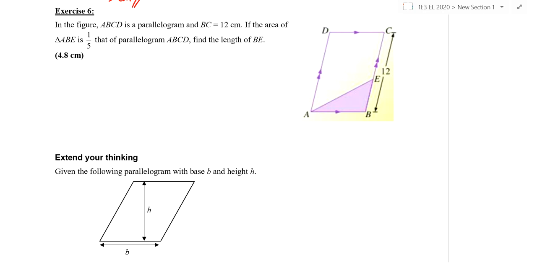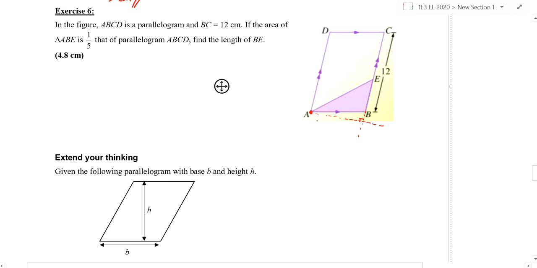Similarly, we are going to identify whether these two shapes, the triangle and the parallelogram, have the same perpendicular height. Since we have BC as 12 centimeters, it is convenient for us to choose this as the base. If this is the base, then for its corresponding perpendicular height, we go over to the opposite side, point A, and drop a perpendicular line down, and we have to extend this.